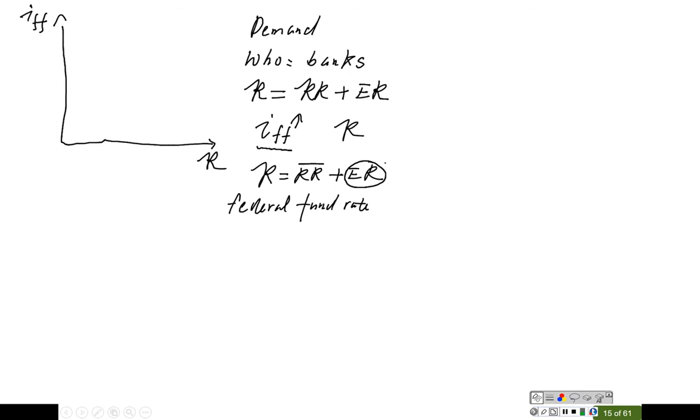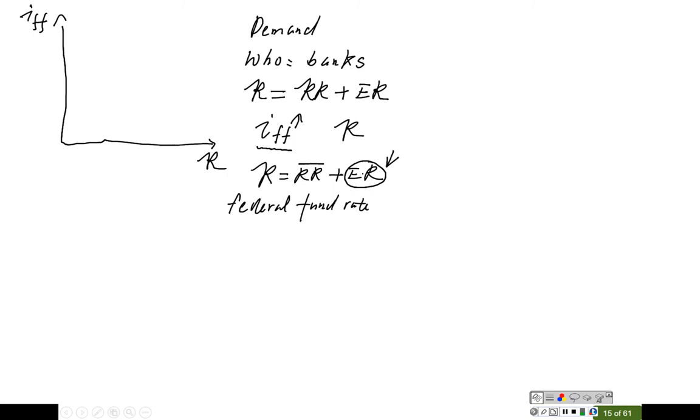So as a result, the excess reserve they hold will reduce. I will say this again. If the federal funds rate increases, the bank has more incentive to lend out excess reserve. As a result, the reserve held by the bank will reduce.